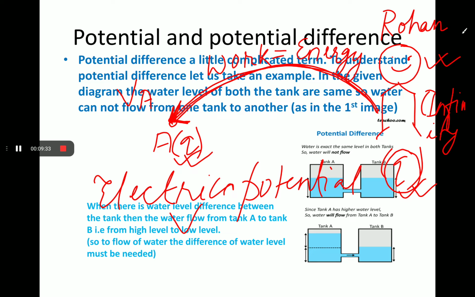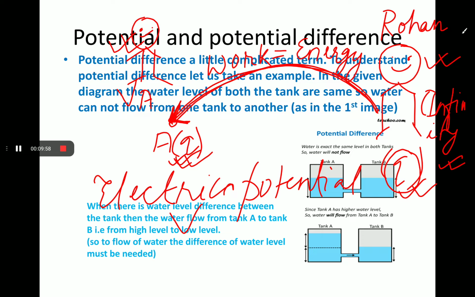Now there is some other student already present here, and he just kicked off this charge, and this charge reached infinity again, and he said to Rohan, go and again take that charge from infinity.